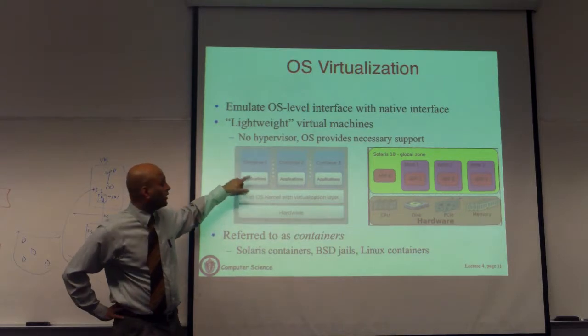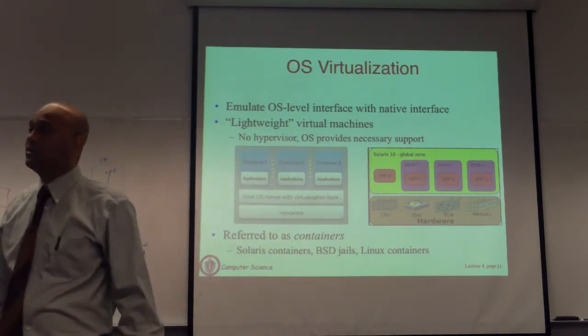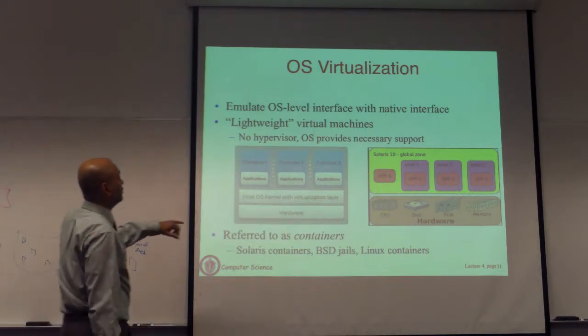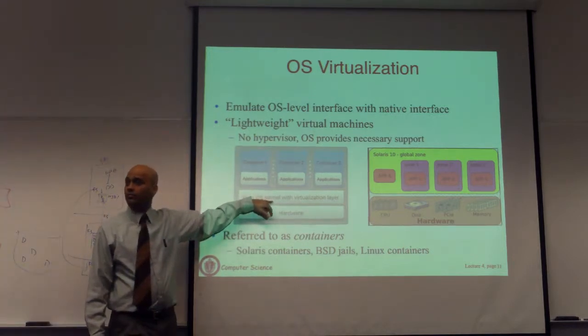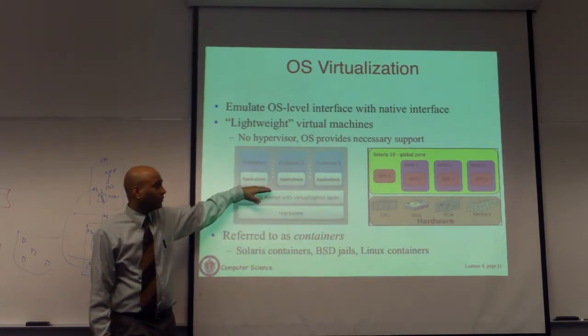There's only one OS running. What runs inside that lightweight virtual machine are directly applications that use the functions of the underlying host kernel. So now you are at OS level virtualization.